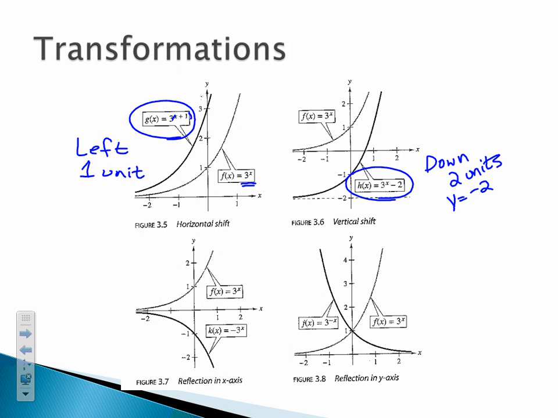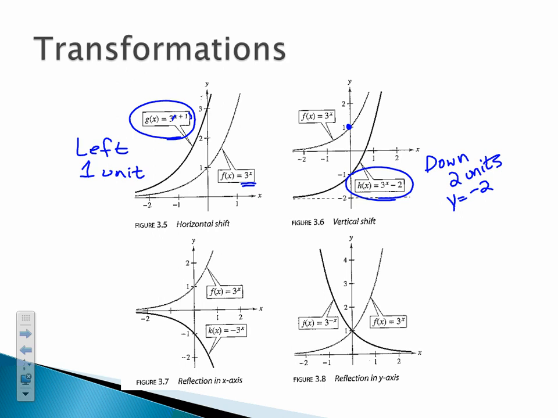What else would shift down here? What else do you notice shifting? Our intercept. Our intercept is normally at the point (0, 1), but notice if I shift it down, it also shifts down 2 units. So this is where, if we have a knowledge of those key characteristics of the parent function, we can apply those transformations to see how those things will be impacted as well.